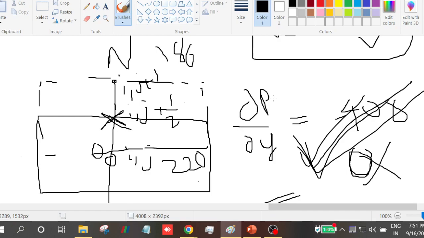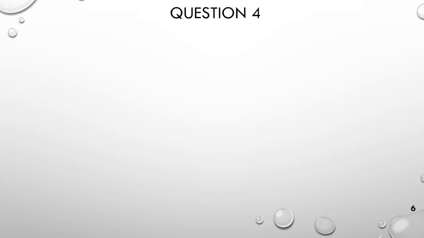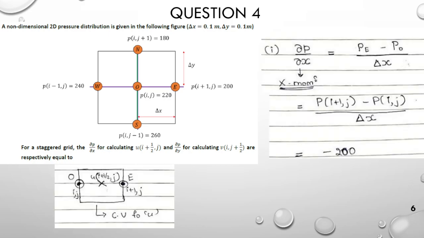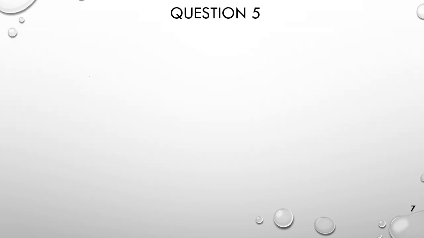So I hope that this gives a clear indication of why we are using a staggered grid. So minus 200 for x, dp by dx, and minus 400 for dp by dy.